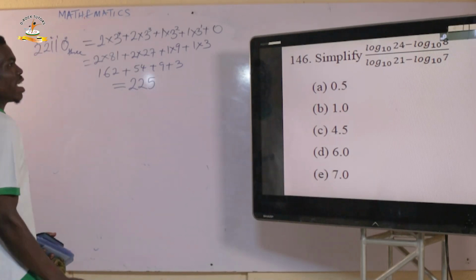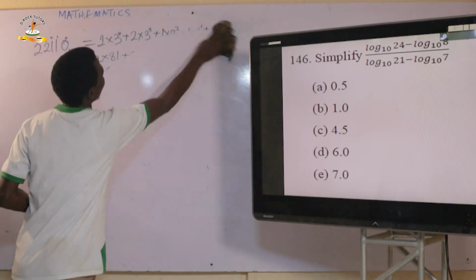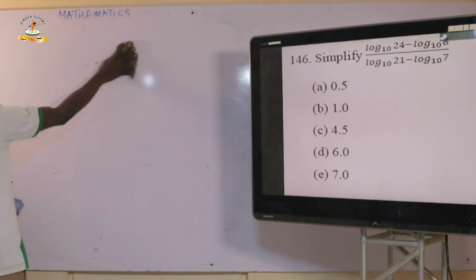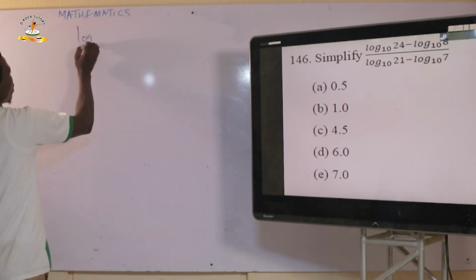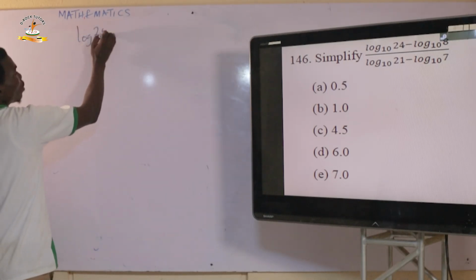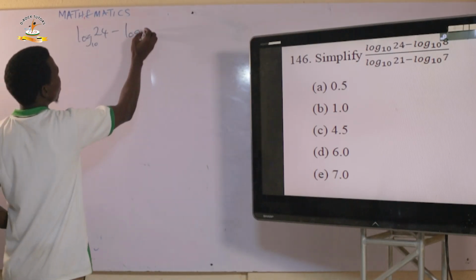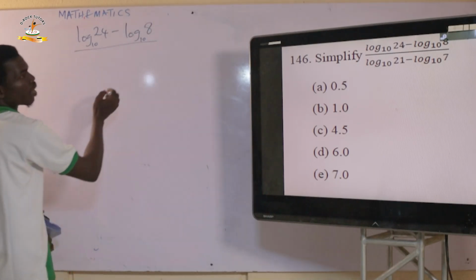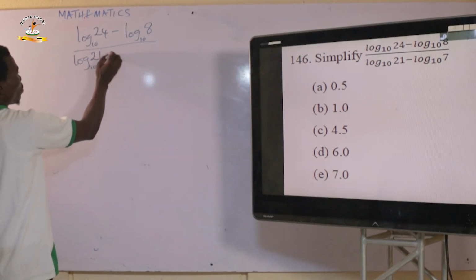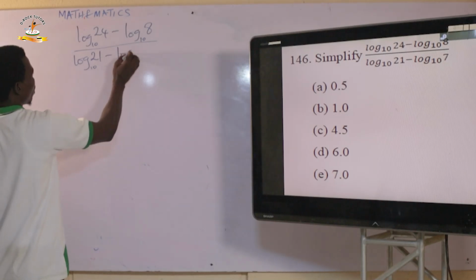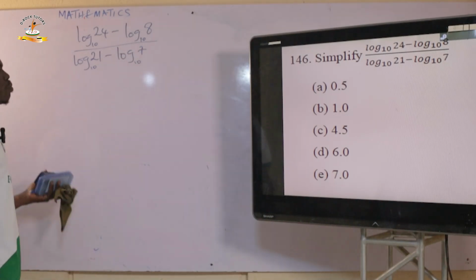Simplify log 10 24 minus log 10 8, all divided by log 10 21 minus log 10 7. So this logarithm shouldn't be something hard.